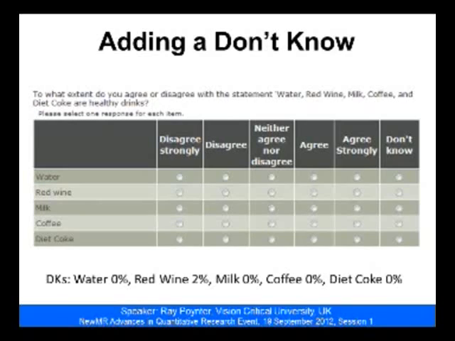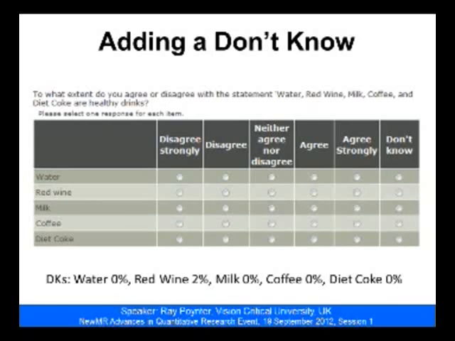Now, what's interesting about that is in a purely objective scientific sense, one might expect 10, 20, 30% of people not to know whether all of those are healthy. There's really quite a debate about red wine and how healthy it is. I would suspect if you ask doctors, you'd get a lot more disagreement.